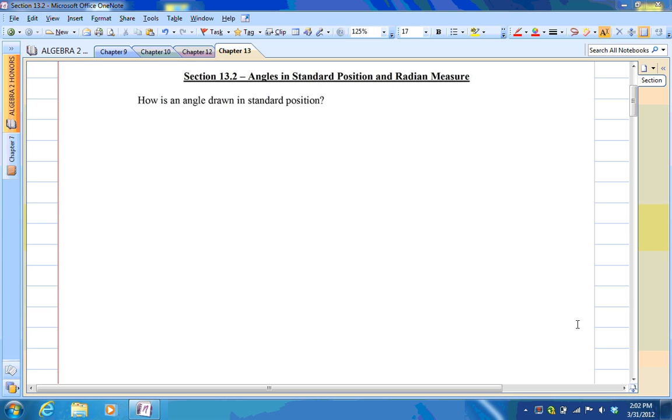So the first thing I want to talk about is how an angle is drawn in standard position. So say for example you wanted to draw a 90-degree angle.